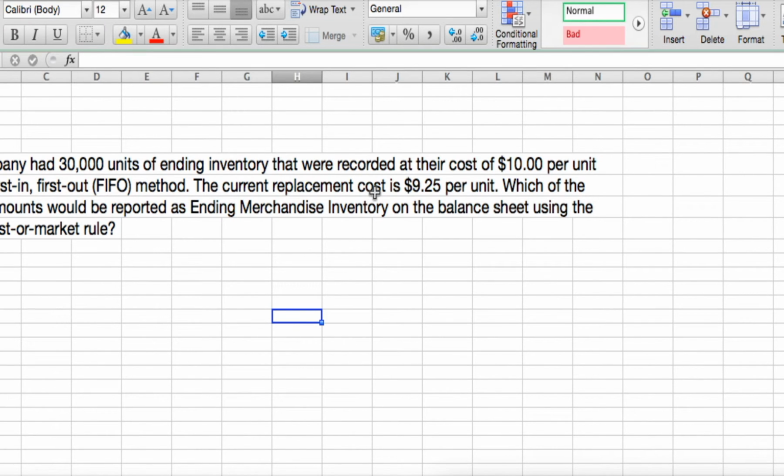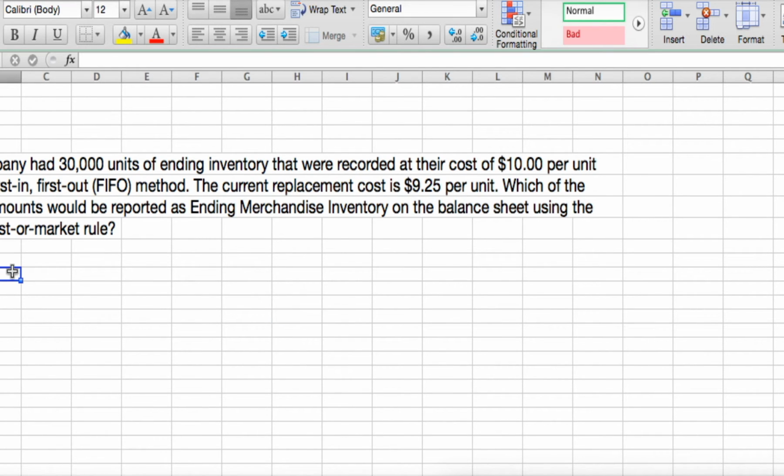In this case, not a huge deal, but the fact that the replacement cost right now is less than what my book cost is showing per unit using the method that I used, which was FIFO, that means that I should basically change it so that the asset of inventory at the end of this period shows the lower of cost or market, which in this case is market.